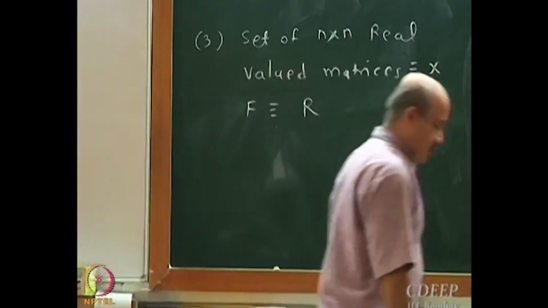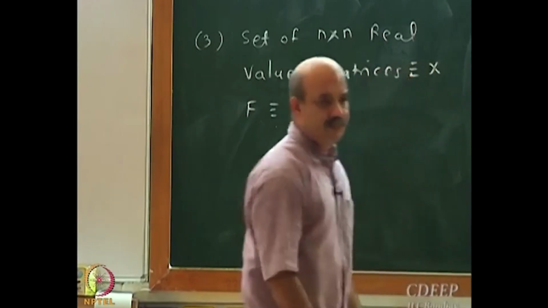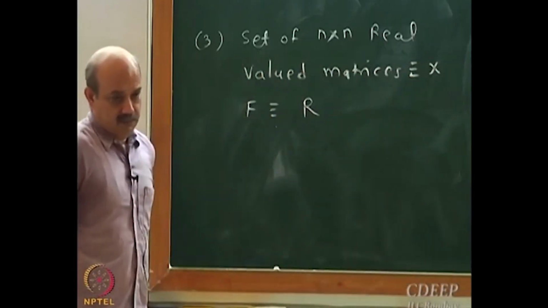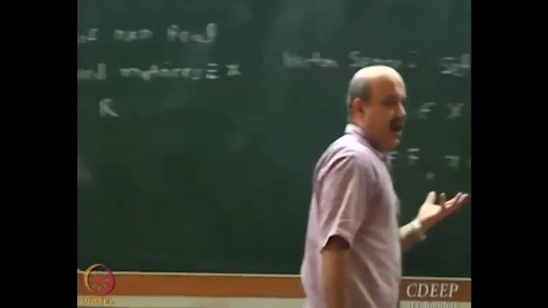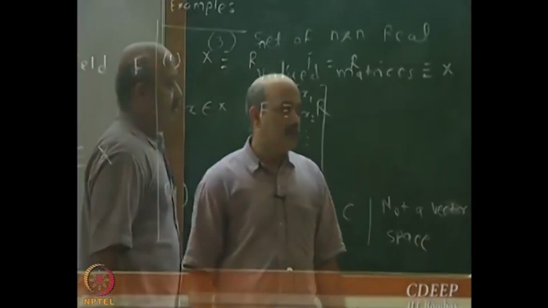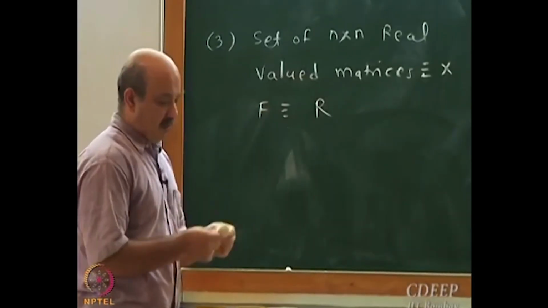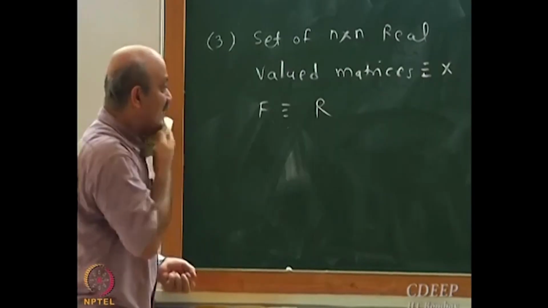Does this form a vector space? Yes, it does. Why? The addition of two matrices: if you take any two n cross n matrices and add them, you still get an n cross n matrix. If you take a scalar and multiply it to an n cross n matrix, you still get an n cross n matrix.